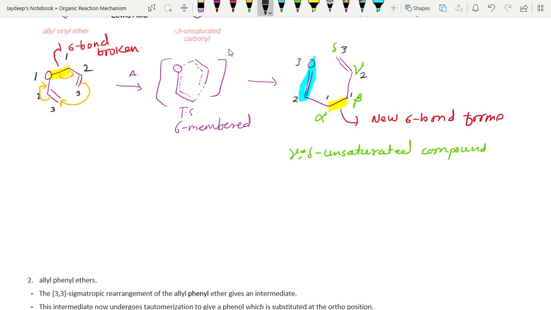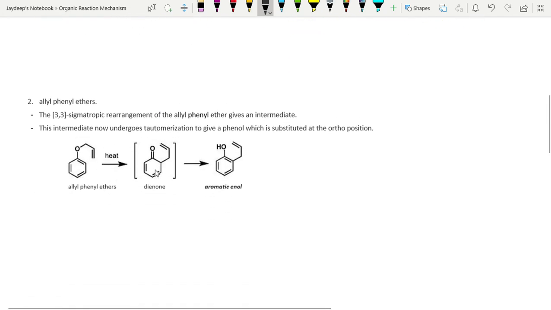After the formation of the product it is at the 3,3 position. That's why the reaction is a [3,3] sigmatropic rearrangement.